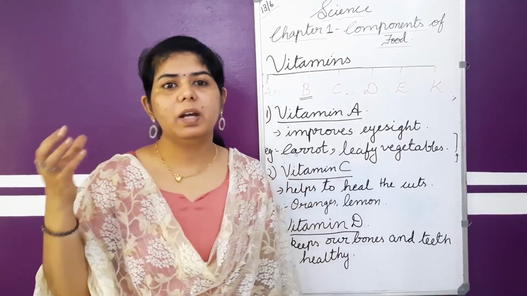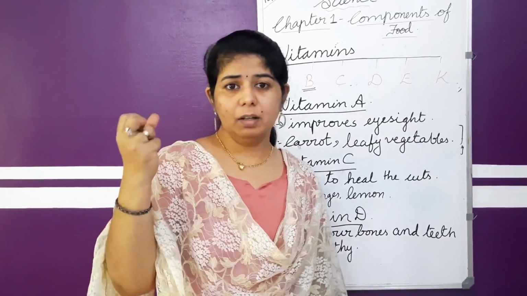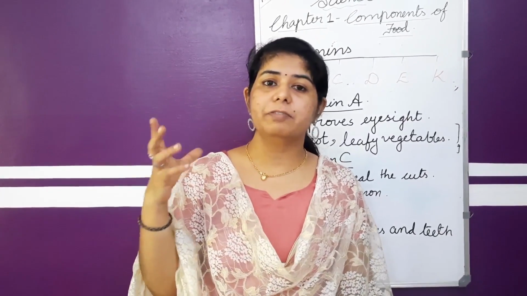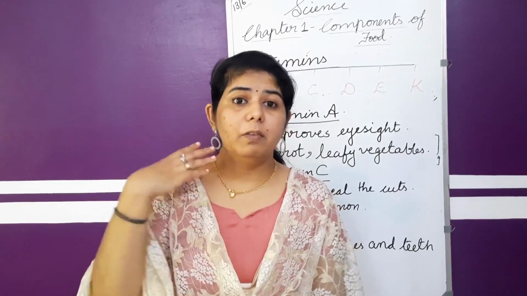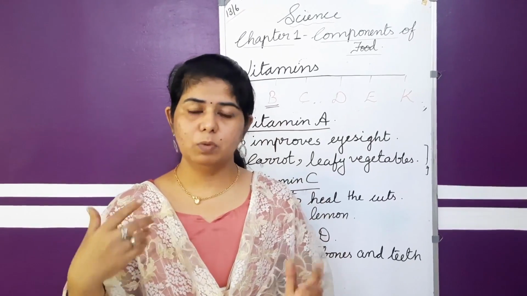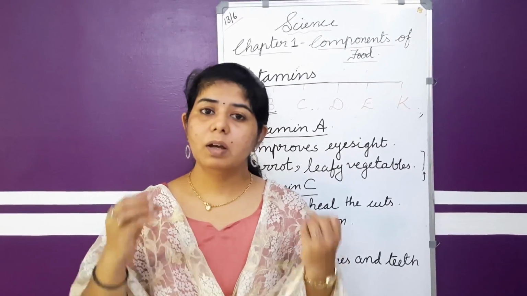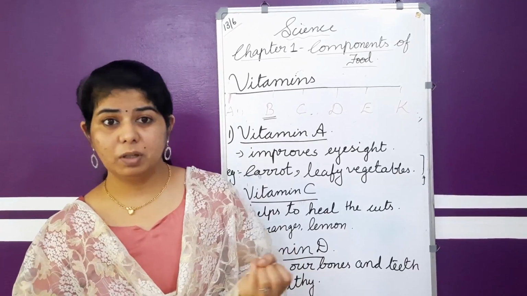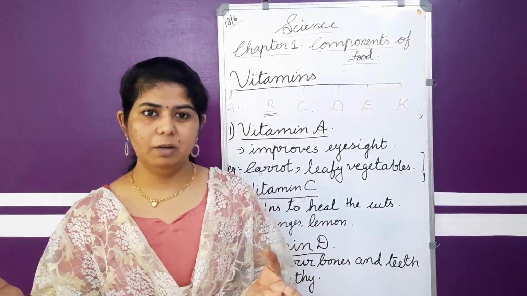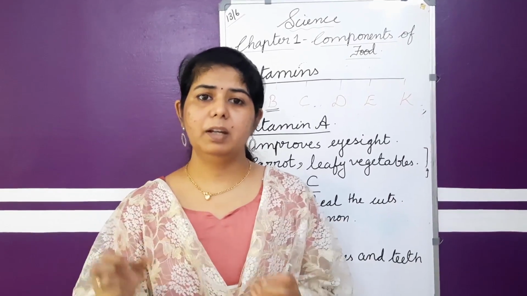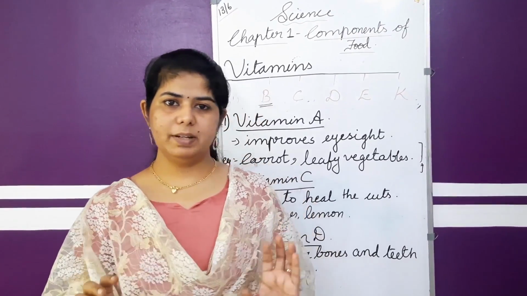Sun rays are a very good source of vitamin D, which also makes our skin smooth and healthy. So it is very good to stand in front of the sunlight during early morning time, not after 9 or 10 o'clock. Those sun rays are very important. It's a good source of vitamin D.